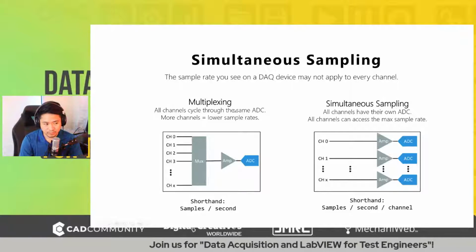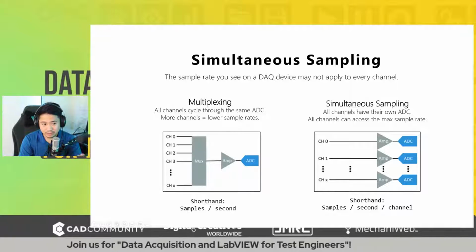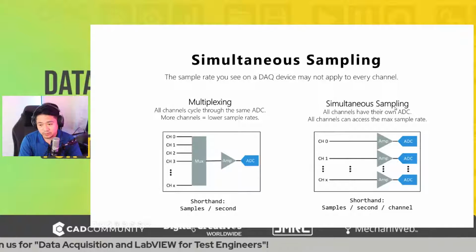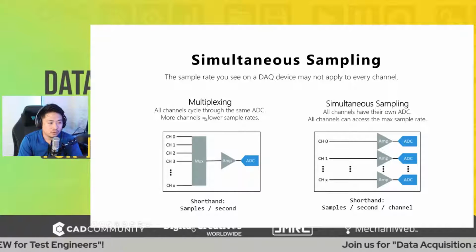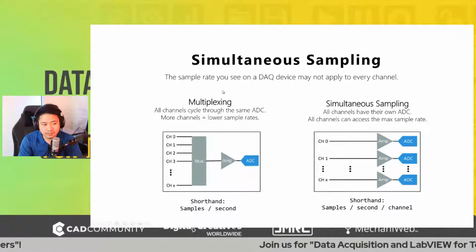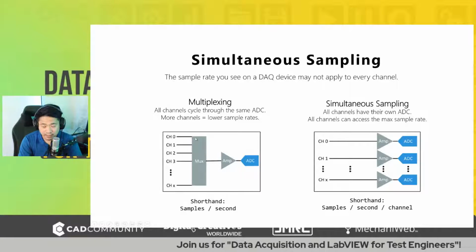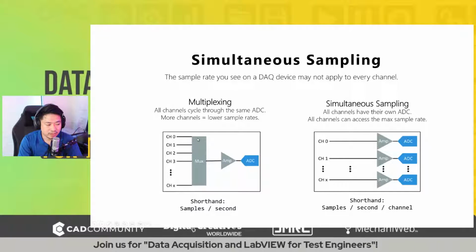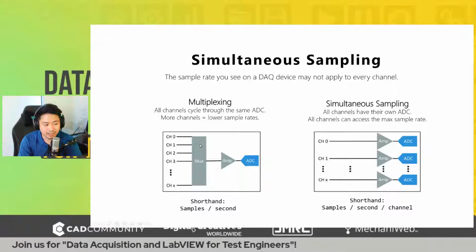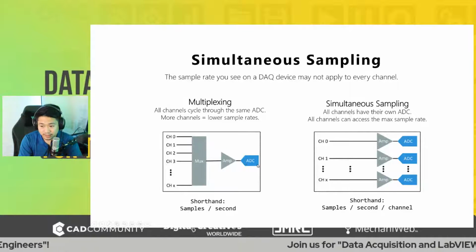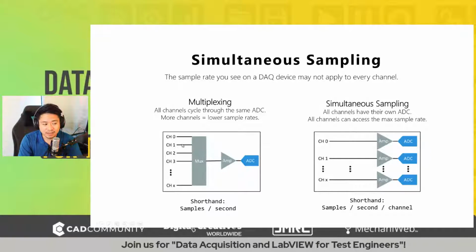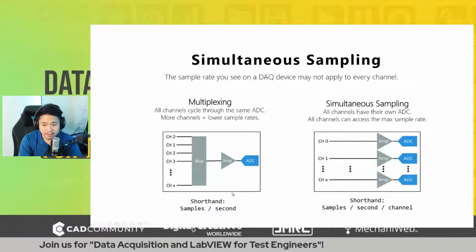First is using a multiplexer. The second is a simultaneous sampling device. So what's the difference? When you're using a data acquisition device that utilizes multiplexing, all your inputs go into a multiplexer, through one amplifier or signal conditioning device, and through your ADC, which means the sampling rate is divided amongst all the available channels.